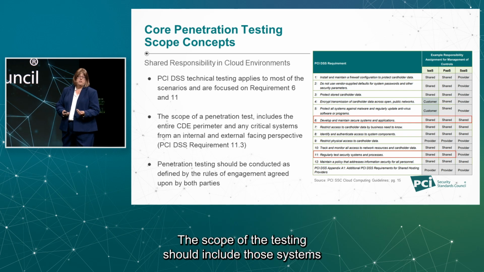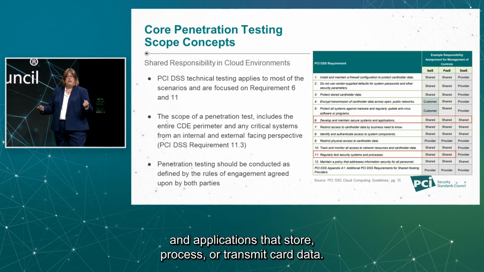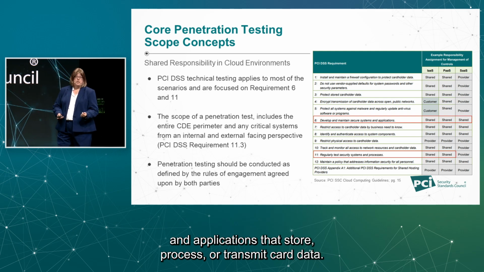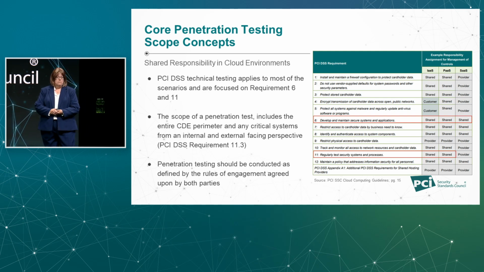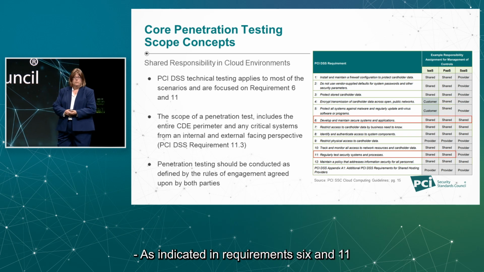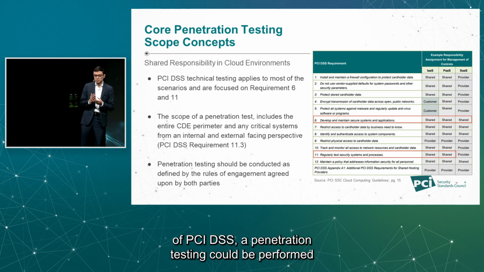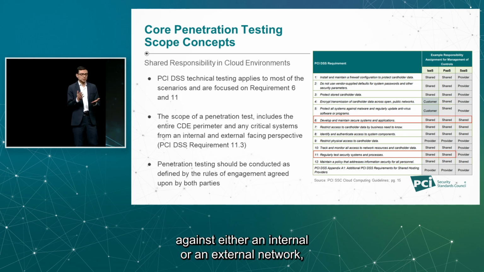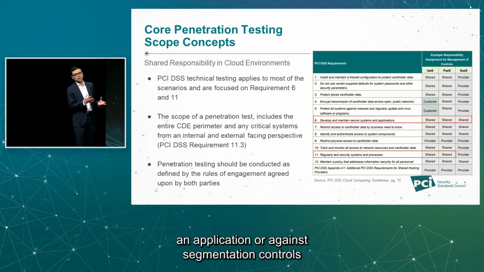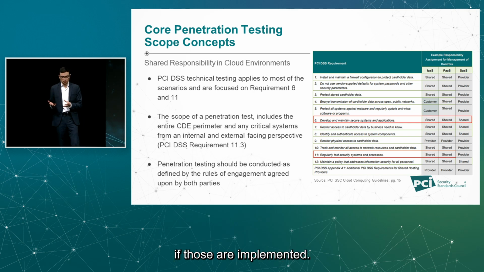The scope of the testing should include those systems and applications that store, process, or transmit card data. As indicated in requirements 6 and 11 of PCI DSS, penetration testing could be performed against either an internal or an external network, an application, or against segmentation controls if those are implemented.